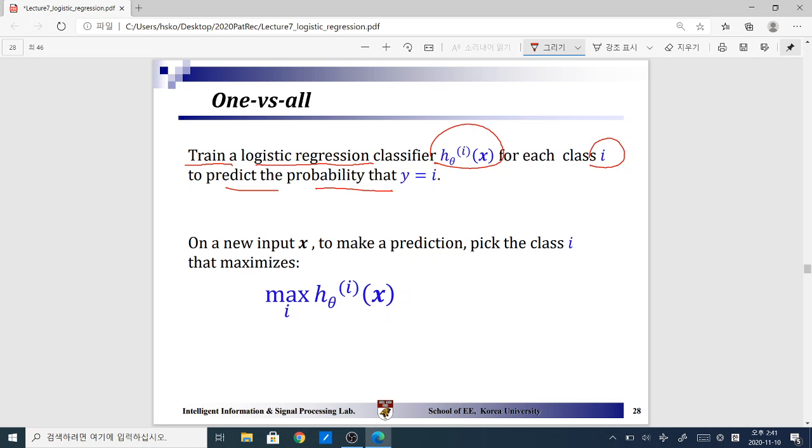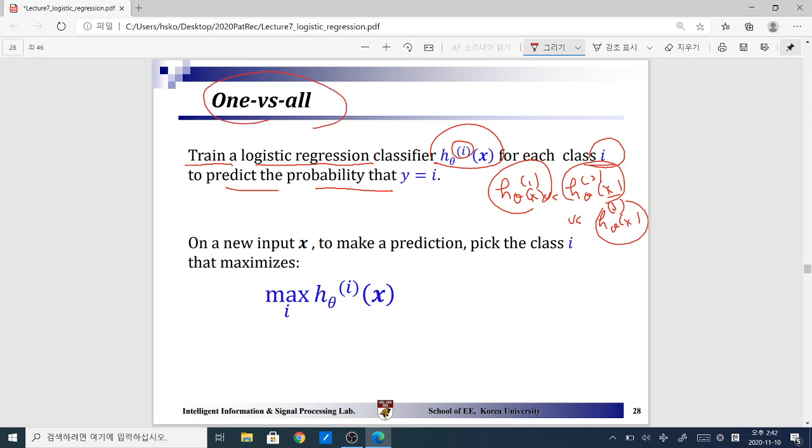So for example, we have h of theta. Well, actually, the i is not the number of samples, but the class i. So you have h of theta for class 1, for class 2, and for class 3. So 3 possible hypothesis functions as a result of training, right?